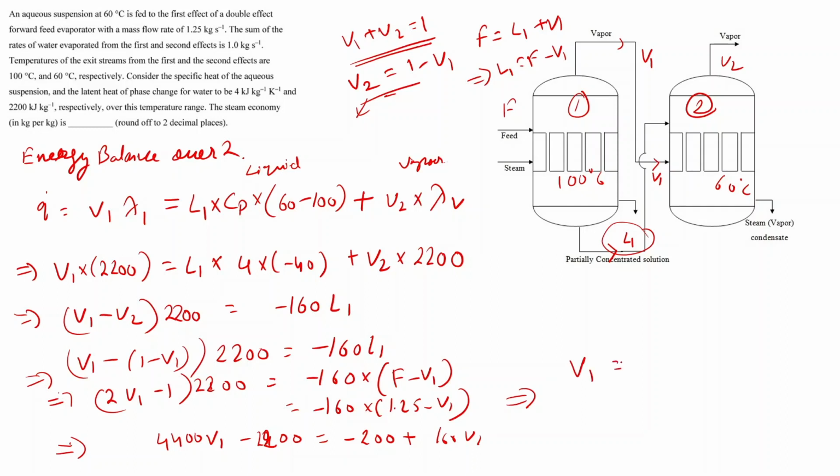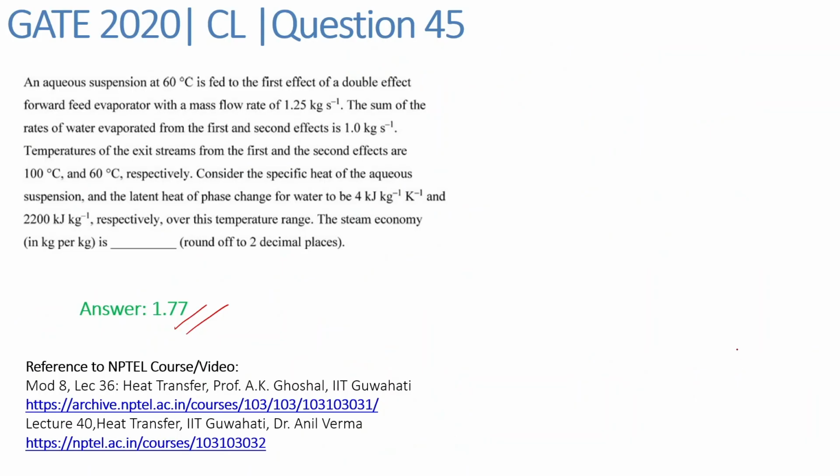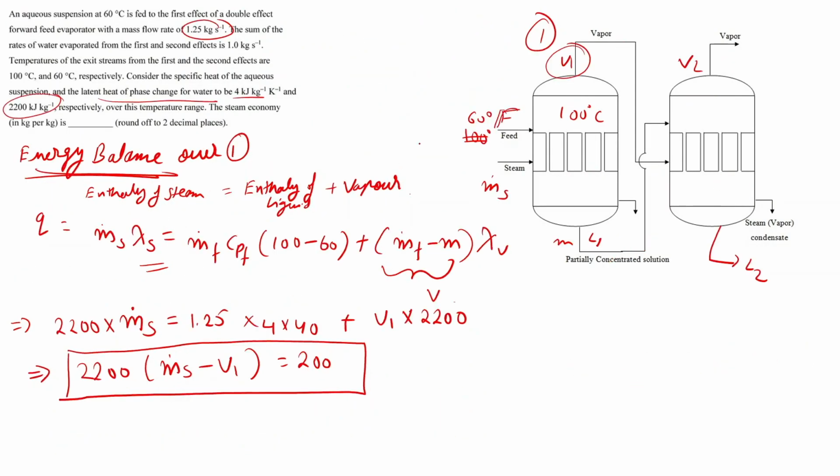So V1 will become 2000 upon 4240, which is 0.4716. Okay, so we have the value of V1 as 0.4716.